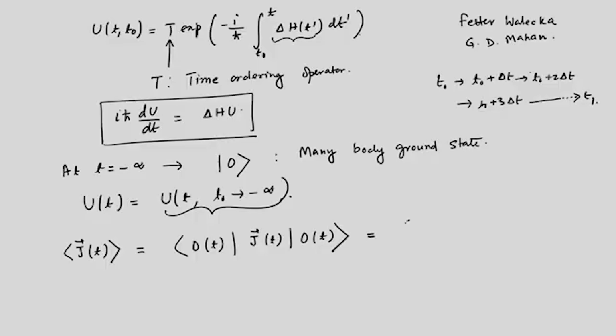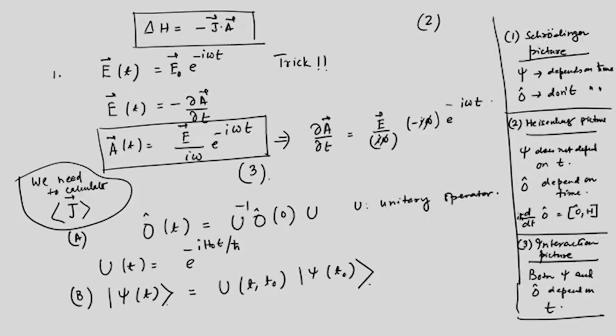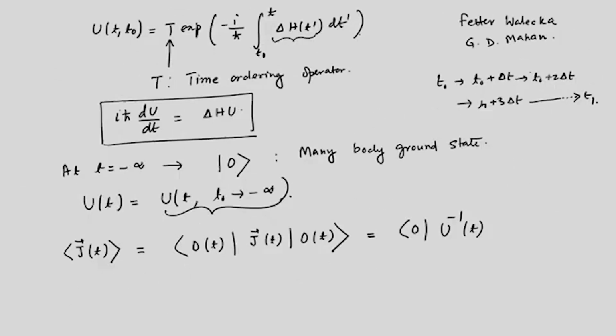So, what is this? This is equal to 0, and then you have u inverse, since I am evolving the state as we have done here, u of t, now with t0 at minus infinity, and then j of t and then u of t and then 0. This 0 is that many body ground state at t equal to minus infinity.